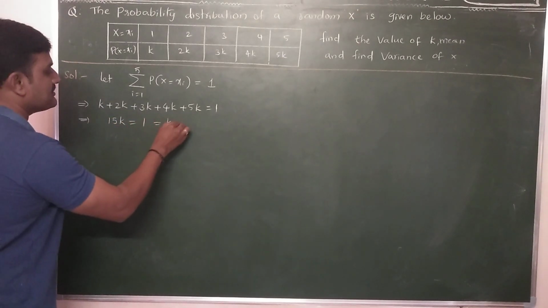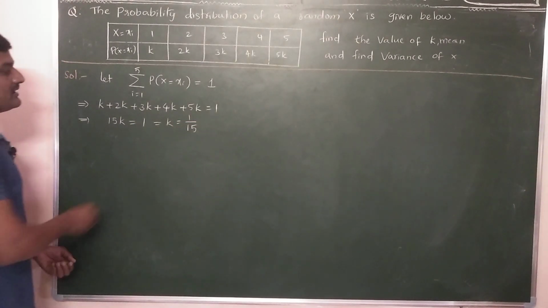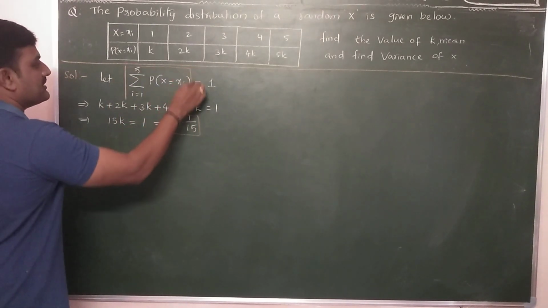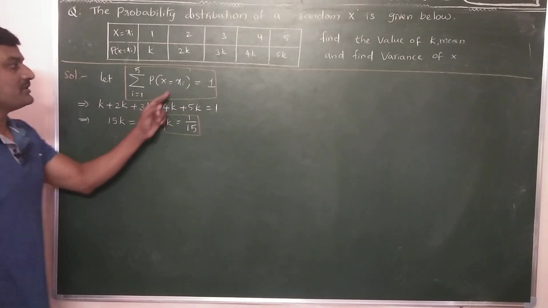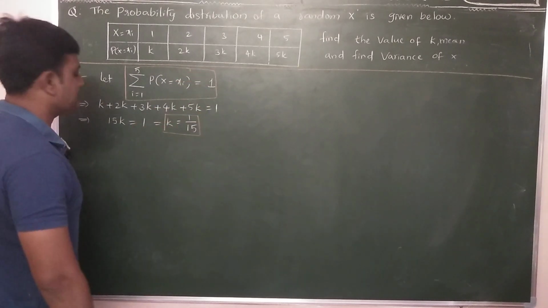Then k equals 1 by 15. Okay, k equals 1 by 15 by this formula. The sum of the probabilities is 1. The next one, find the mean.